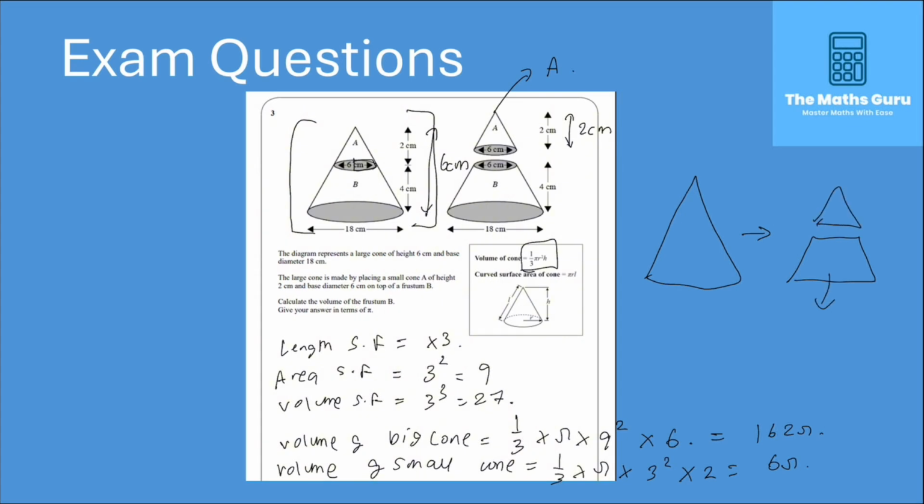So the way we work out the volume of the frustum is to do the volume of the big cone minus the volume of the small cone. And this will tell us the volume held within this section of our big cone. So this is going to be 162 pi minus 6 pi, which is going to give us 156 pi centimeters cubed.